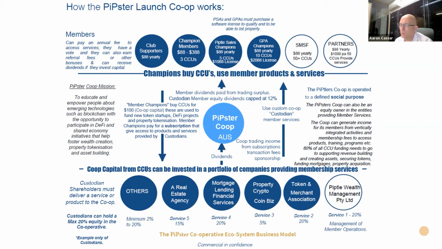So that's really important. So we could end up seeing development projects being created and launched through this program. In fact, one of our key goals is to see property projects coming through the cooperative we're creating. They can be funded by the members through the cooperative doing that.